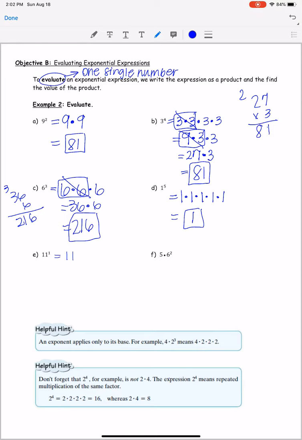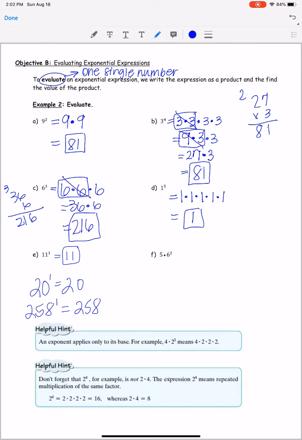Just this one time. So 11 to the first power is just 11. So if you have anything to the first power, it's just that number. So 20 to the first is 20. 258 to the first power is 258. So if it's to the first power, it's just that number.